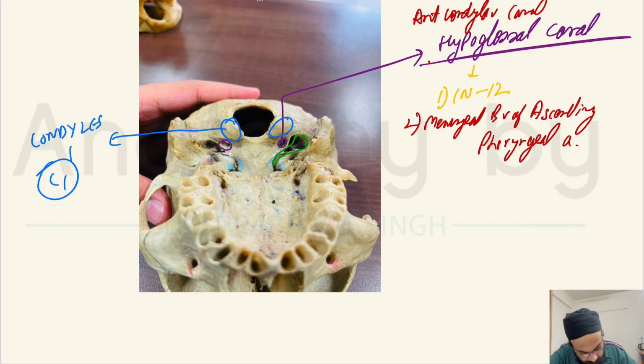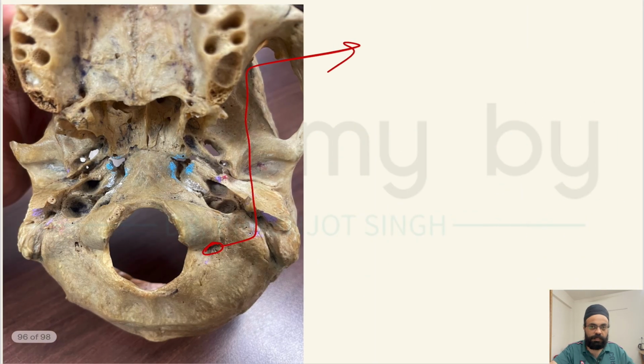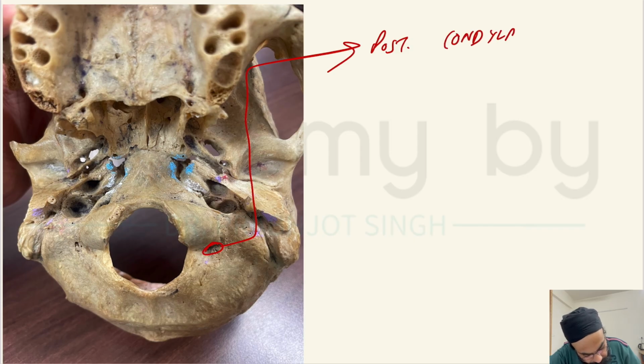So this is present anteriorly. This is your anterior right now, and this is your posterior. This is known as the anterior condylar canal, and similarly this is known as your posterior condylar canal. What passes through it?